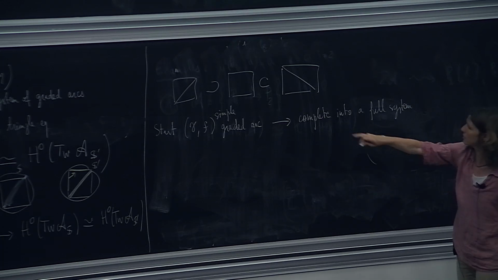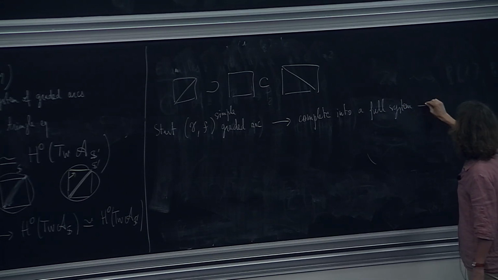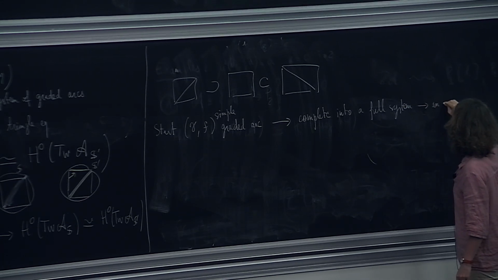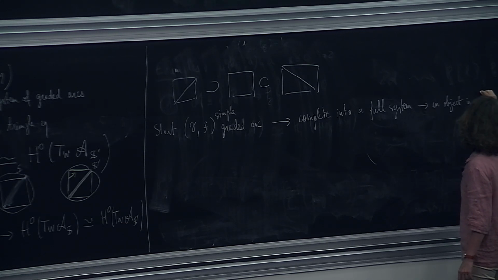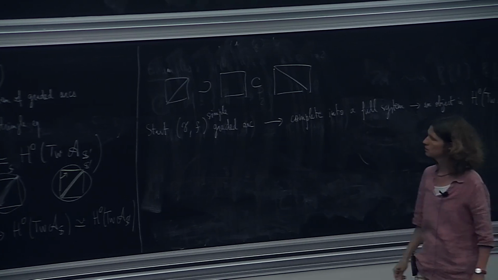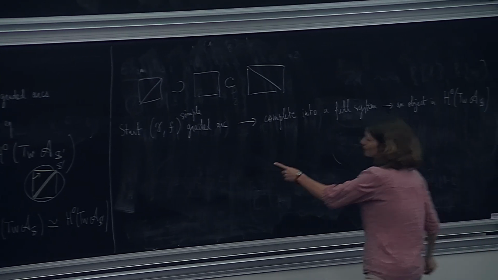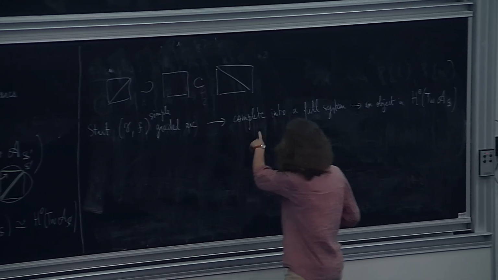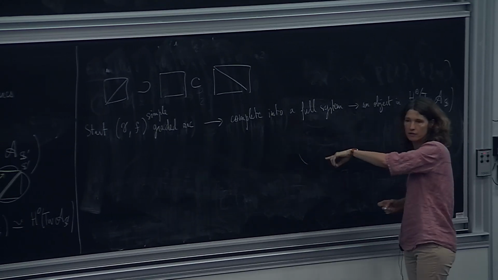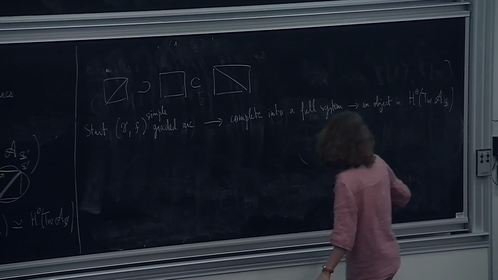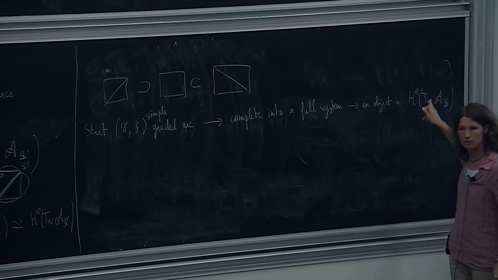And then this graded arc gives me an object in H0 of this full system. And then it means that if I complete into another full system, I will get the same object through this equivalence.